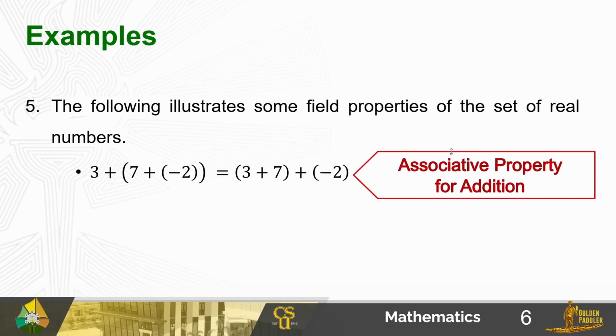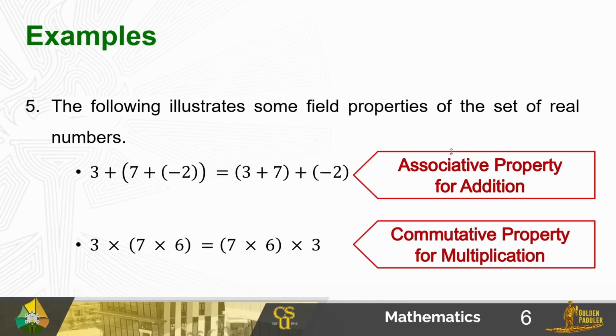The answer is associative property for addition. Now, how about if you have 3 times the quantity 7 times 6 is equal to 7 times 6 times 3? Again, what field property illustrates the given? Okay, the answer is commutative property for multiplication.